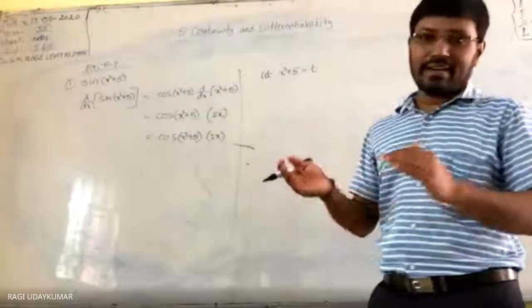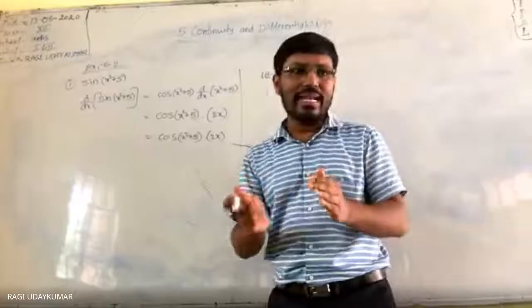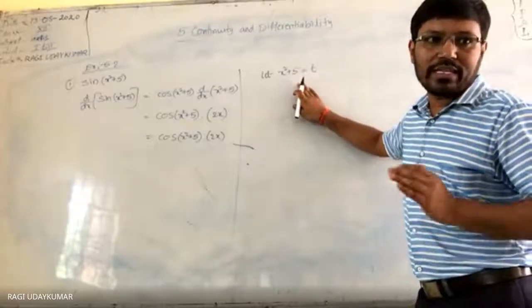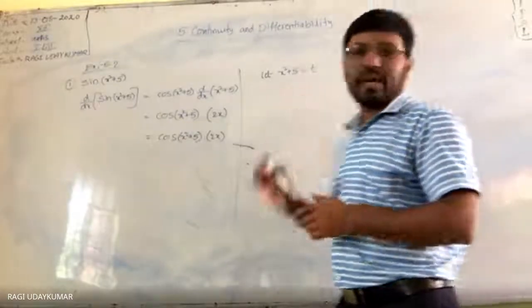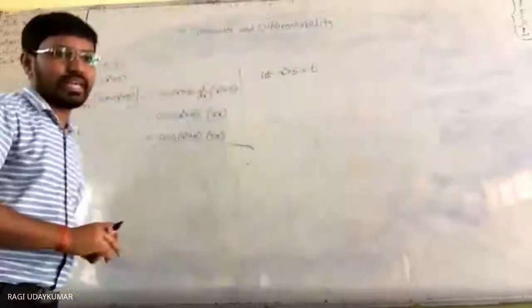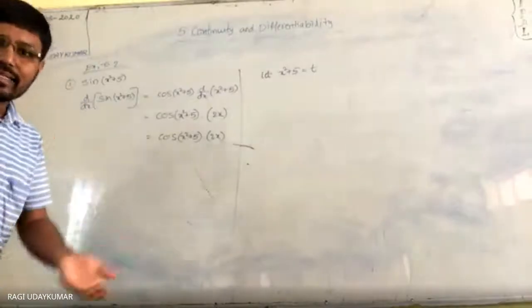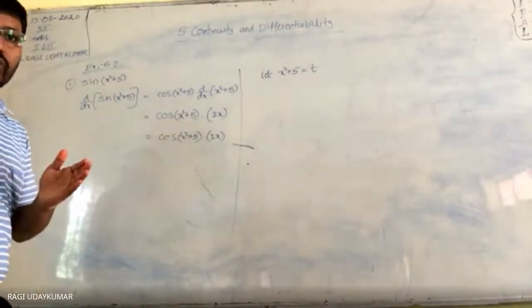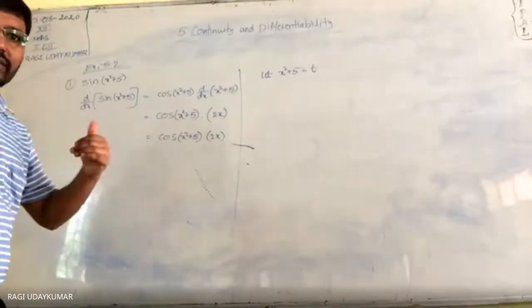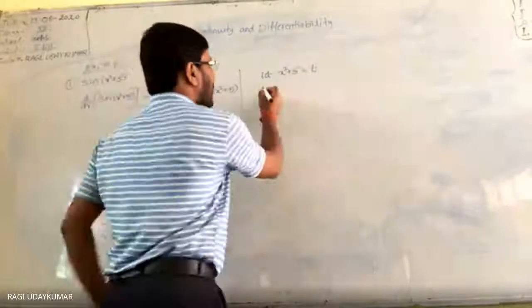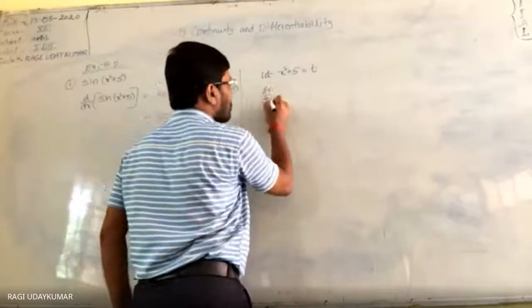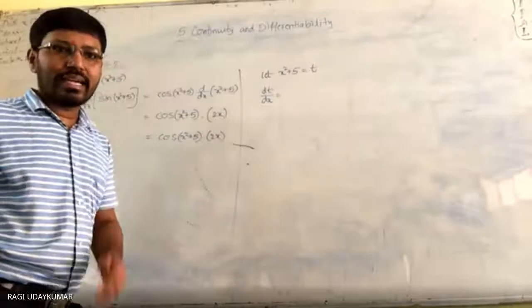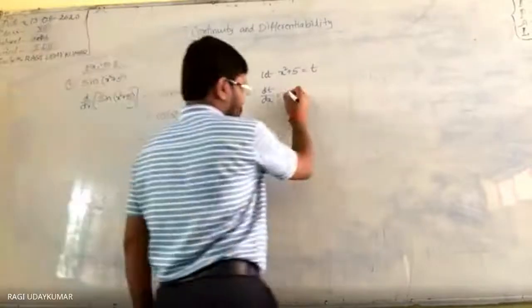And x square plus 5 equals t is in terms of x, so t is a new function. So dt by dx, because this is in terms of x, is equal to 2x.